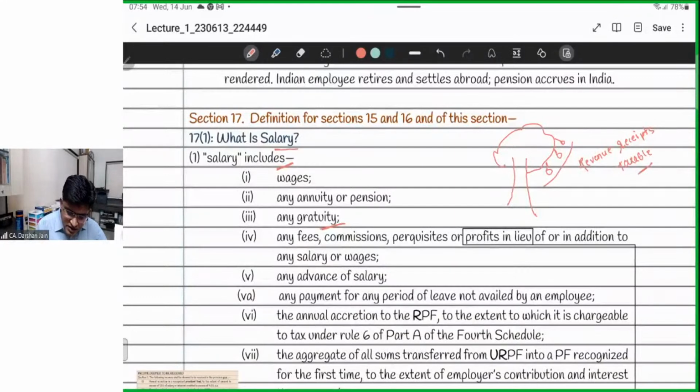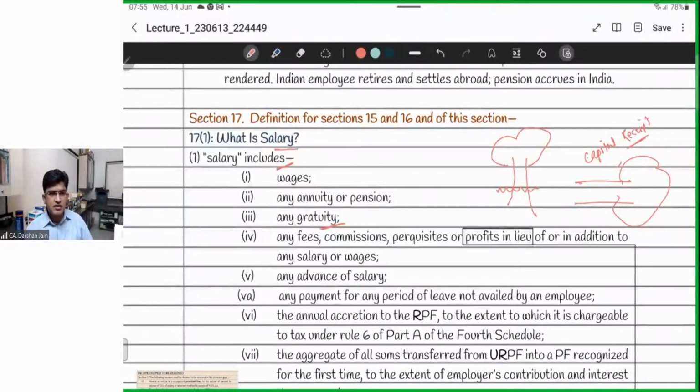However, what happens if I cut off this tree, I just sever the tree and sell the entire tree? Now, when I sell the entire tree, this becomes a capital receipt. Now, usually this isn't taxable. Capital receipts under the Act are not taxable unless and until there is a specific provision. When it comes down to gratuity, this is a capital receipt.